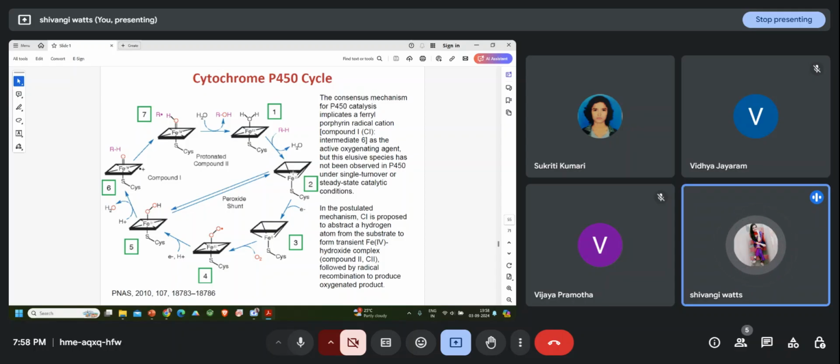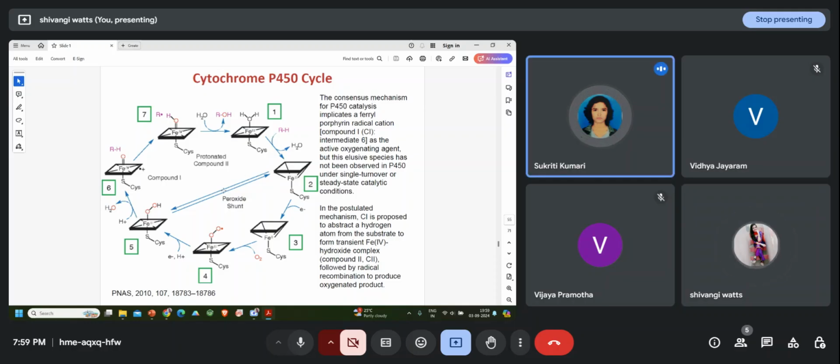This is the full cycle, showing how it is happening. When this stage comes, it can now go to this form also. Sorry, this is not in equilibrium.